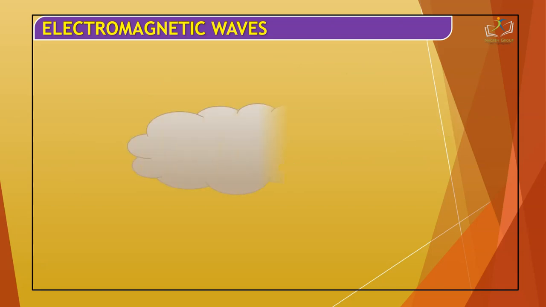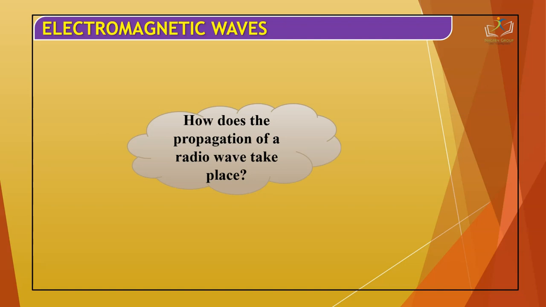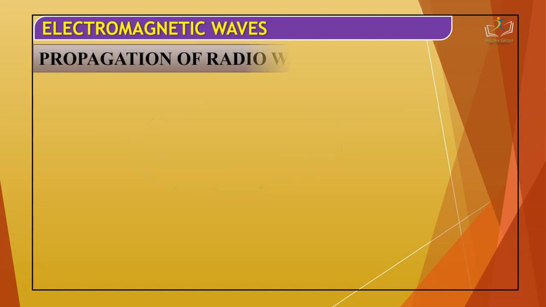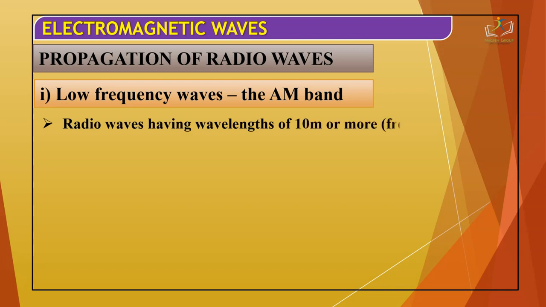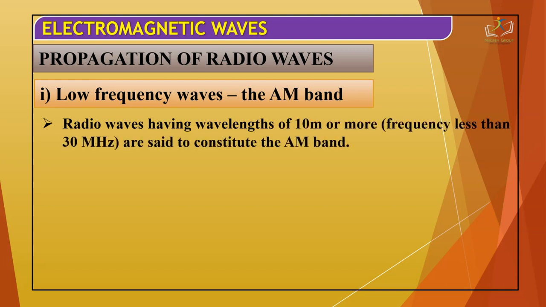Propagation of radio waves. How does the propagation of radio waves take place? Low frequency waves, the AM band. Radio waves with wavelength 10 meter or more are said to constitute the AM band, with frequency less than 30 megahertz.